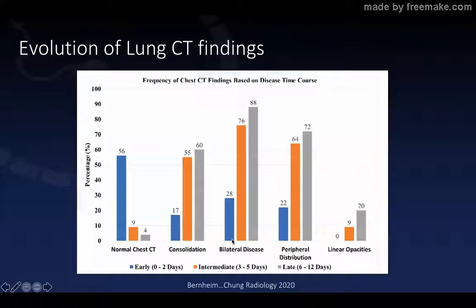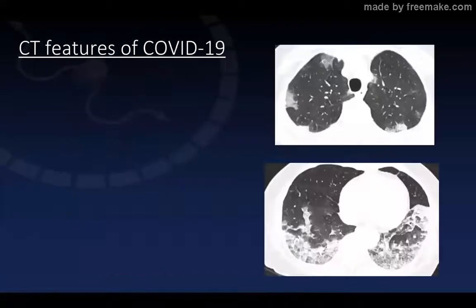Bilateral disease, as we've seen already, can start in one lung, and then with increased extent of disease, you can see it emerging in both lungs, such that bilateral disease is the predominant pattern in middle and late disease, and also the peripheral distribution as the extent of opacification increases. Linear opacities likely represent scarring and fibrosis from the organizing pneumonia process, and are seen later in disease in a minority of patients.